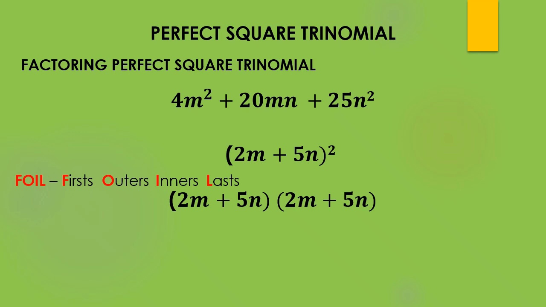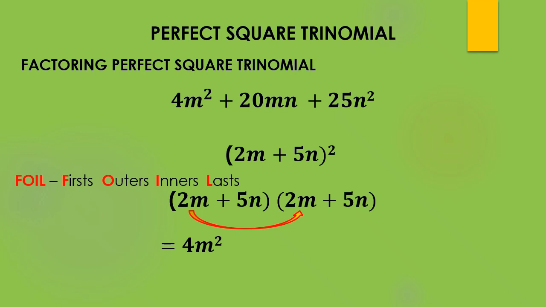First, we multiply the terms that are first. These are 2m times 2m. If we multiply 2m times 2m, we have 4m squared.